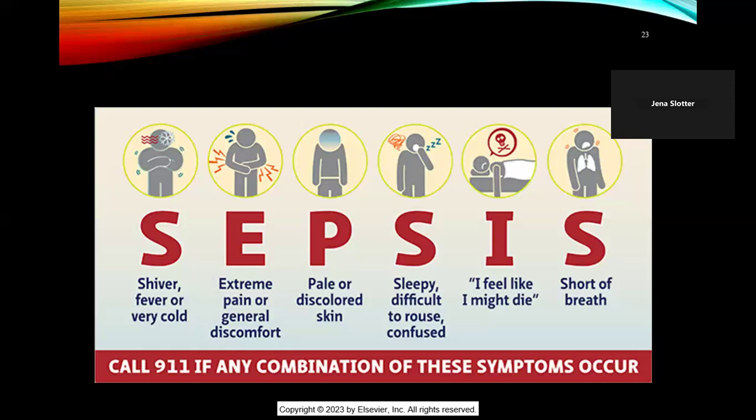I'm literally just reading from the book because I can't think of a better way to state this, but they're not altered as much in septic shock as you'll see in some of the others. So you're going to see a lot of the respiratory failure. You're going to see a lot of compensating, trying to fix the other issues, and causing the respiratory alkalosis.